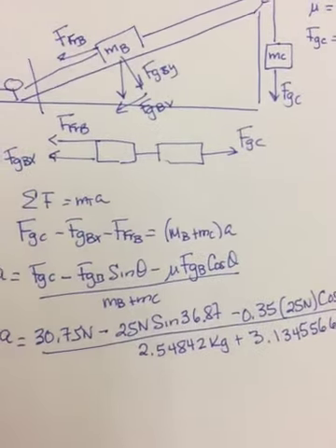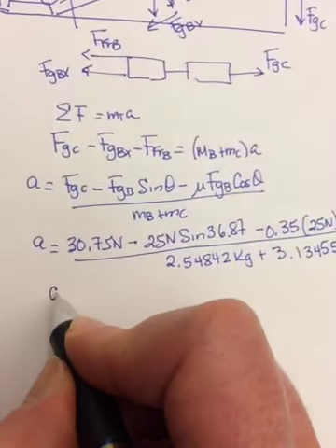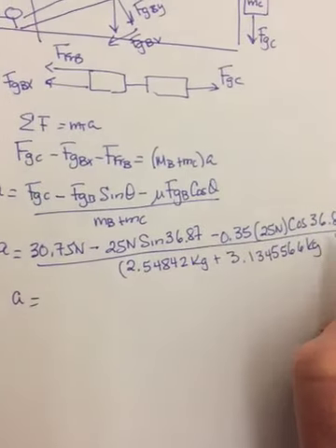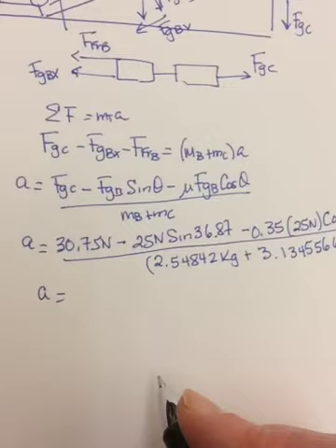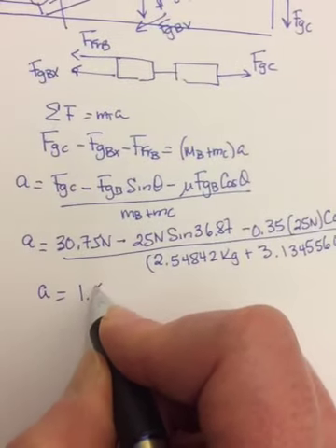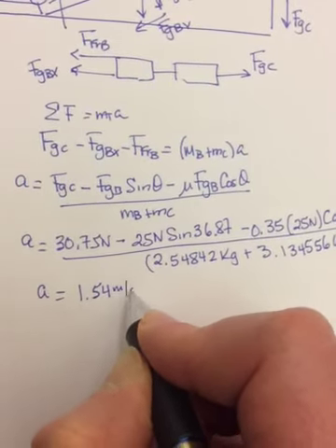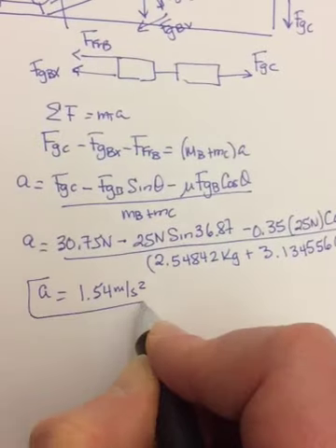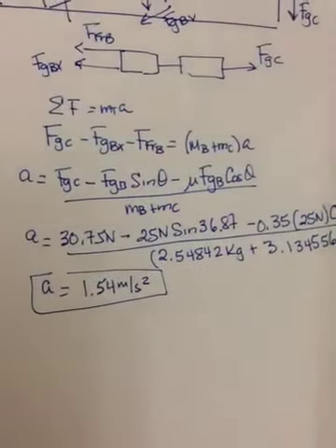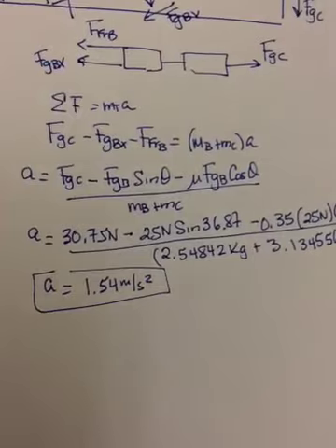Okay, and you can keep all the digits there. And then type them all in carefully. Remember to put brackets around the bottom. And when you do this, you should get an acceleration of 1.54 meters per second squared. Okay, so that's 6B.